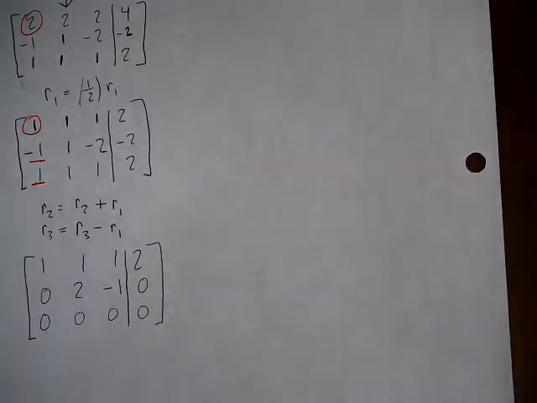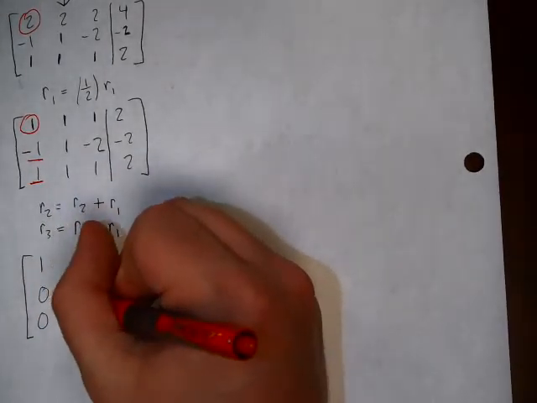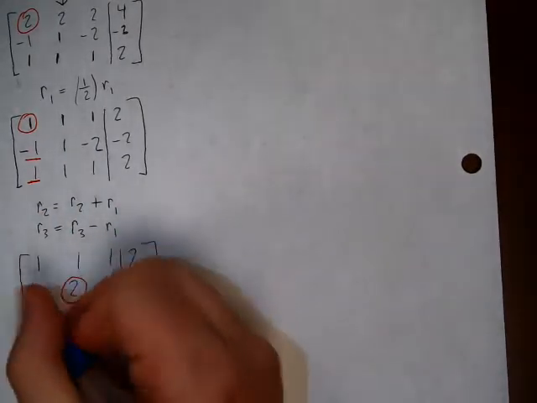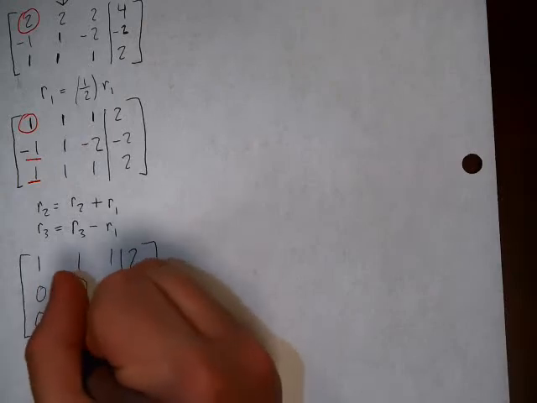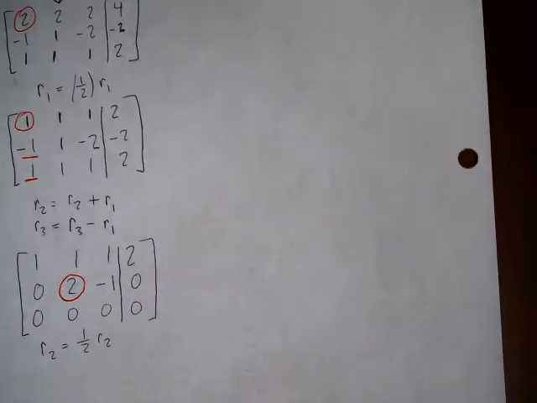Okay. So, our next step, since we have this leading one figured out, is we'd like to get a leading one here, if we can. So, what we'll do is take row 2 and set it equal to 1/2 of row 2.